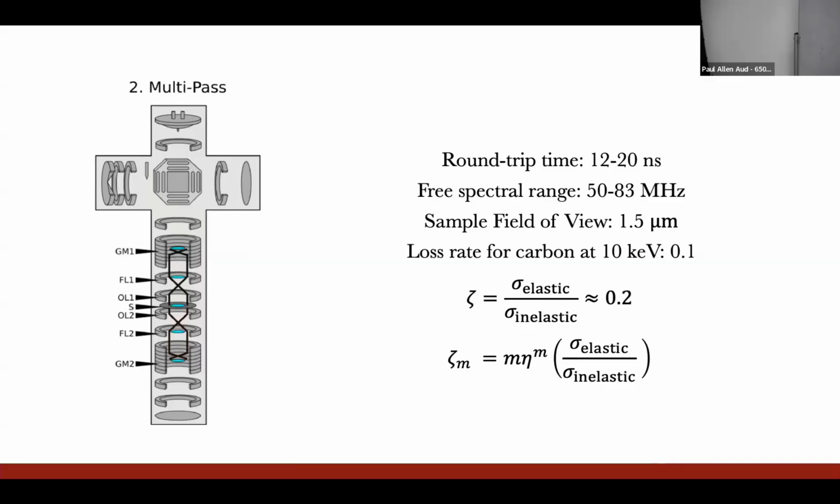But if you can do more round trips, or if you can go to higher electron energies, it's possible to enter a regime in which this parameter gets over 1, right? And so then basically the amount of information you can extract from your sample is outpacing the amount of damage that you can do. And this is a totally different regime for electron microscopy, of course, but it's one in which you might actually be able to do imaging of single biomolecules before you completely blow them up.